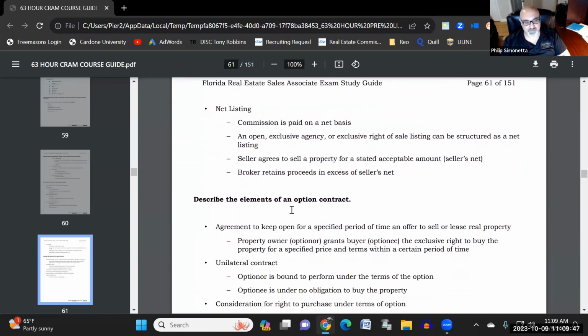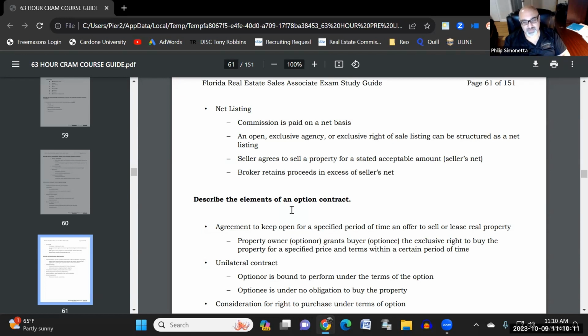Then there's a net listing. Okay. A net listing is when a commission is paid on a net basis. An open, exclusive agency or exclusive right of sale listing can be structured as a net listing. This is where a seller agrees to sell a property for a stated acceptable amount. That's the seller's net. The broker will retain any proceeds in excess of the net.